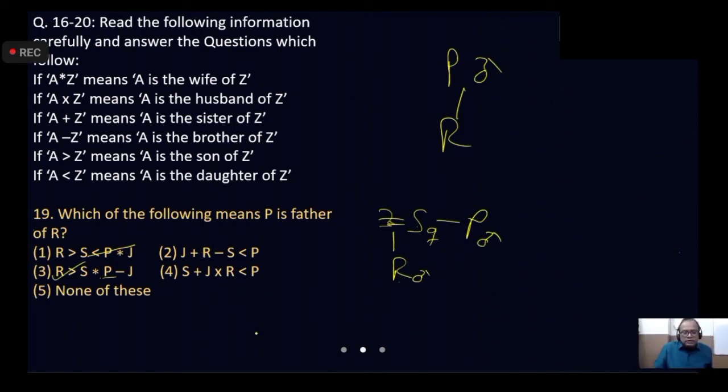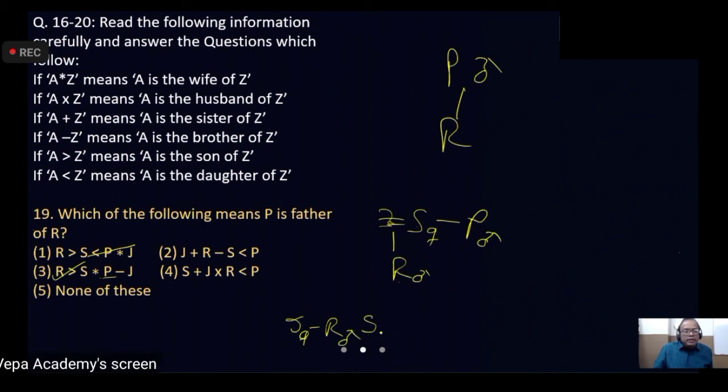And if you take choice number 2 or 4, let us work on choice number 2. So J plus R. So J is sister of R. Then R minus S. R minus means R is brother of S. So these 3 are brothers and sisters.